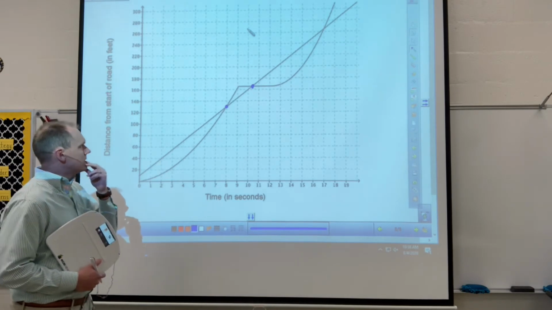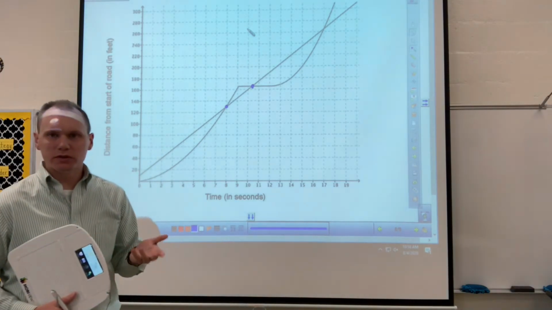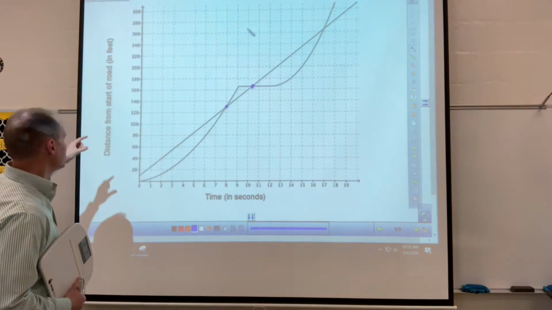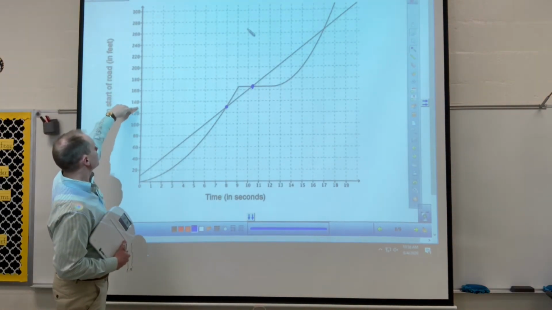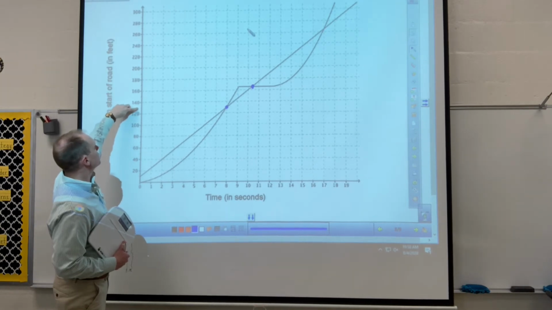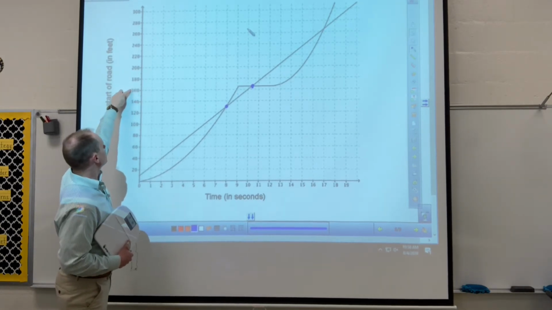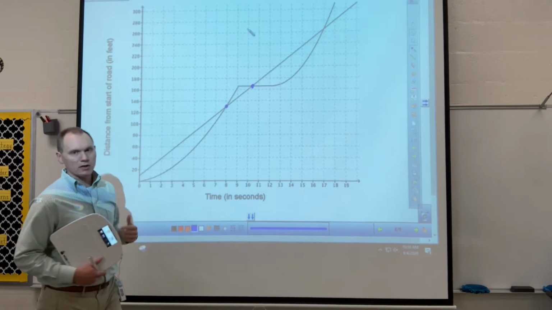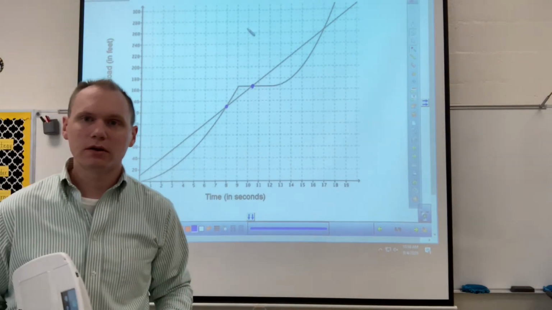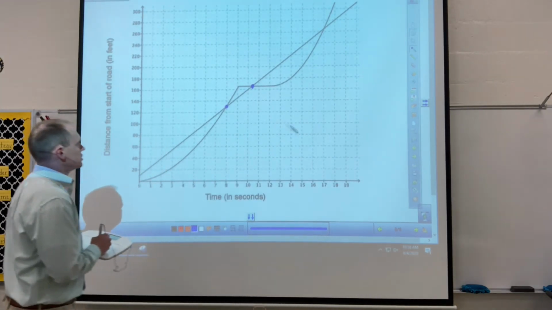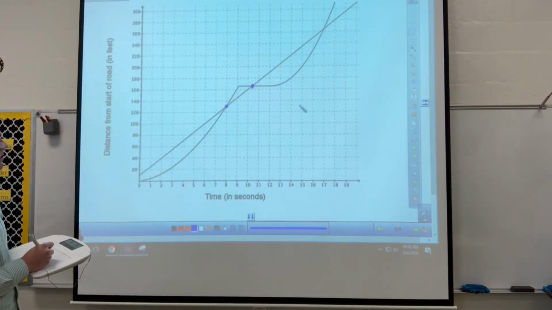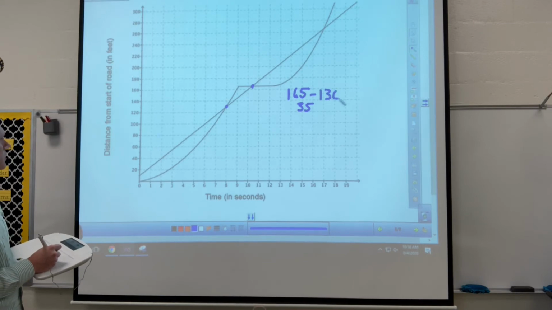Well, what was the distance? The change in distance. Change in distance was about 130 to 165. So about 35. It would increase about 35. Whereas we went over about 2.5. So the change in distance, or the change in quantity, was 35, and we got that by doing 165 minus 130 approximately.